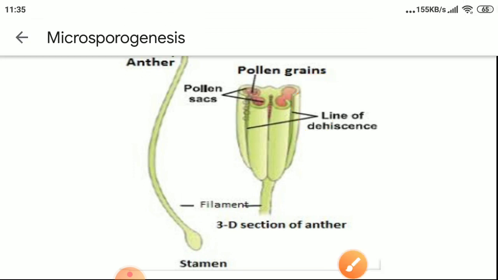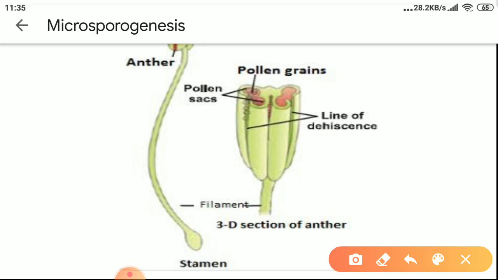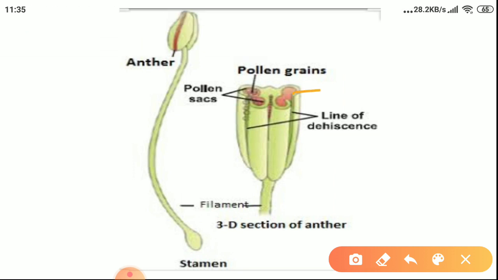Each compartment is empty, and a young anther contains a tissue inside it which is called sporogenous tissue. This sac-like structure which contains the sporogenous tissue is called microsporangium.